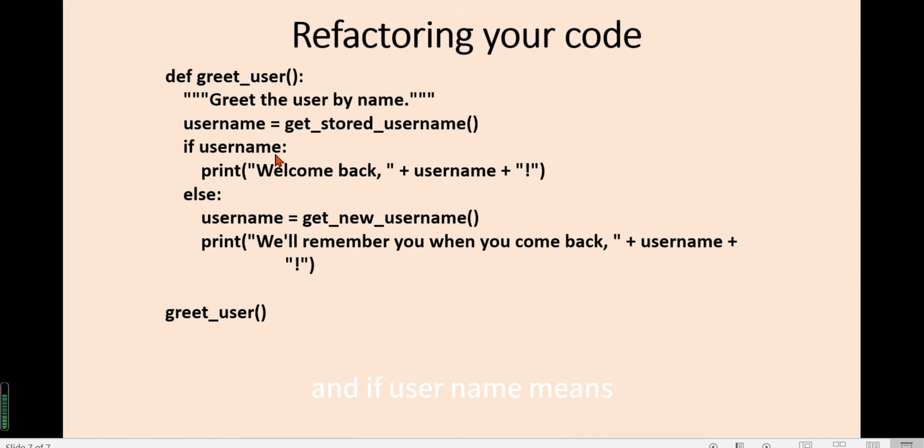If username means get_stored_username returned a username from existing files, so if the username is not empty, then we print out this username. Else, if username is empty, we'll run the else block.